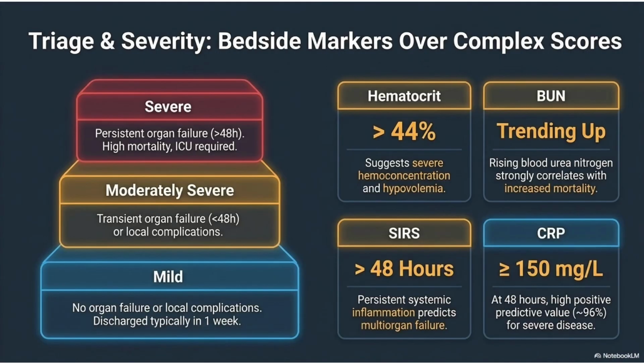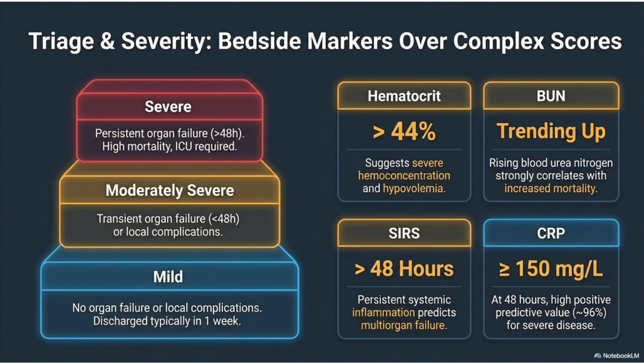So, triage and severity. There are certain bedside blood markers or clinical markers that you can use in order to see how severe the pancreatitis is progressing into. Your hematocrit is basically telling you how concentrated the blood is, or in other words, in acute pancreatitis, what level of interstitial flooding is happening.